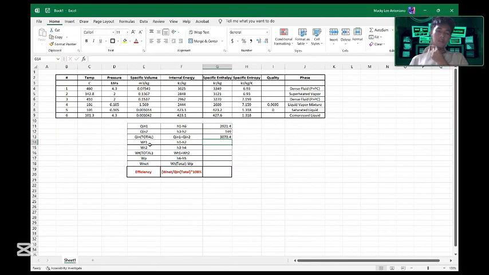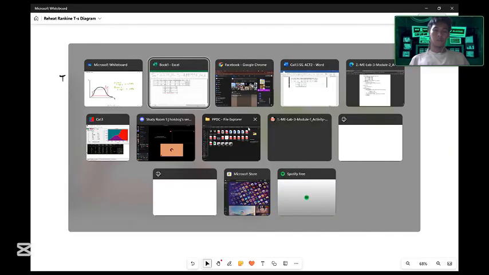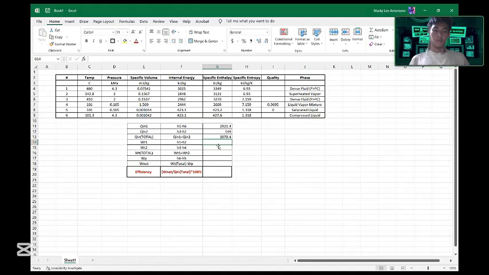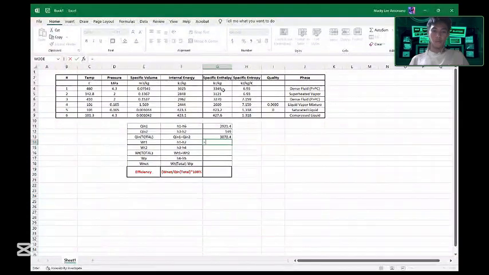Then next, since we are in a reheat Rankine cycle, we have 2 turbines. So this is the high pressure turbine, and then this is the low pressure turbine. So getting the values of work turbine high pressure or work turbine 1, the formula is H1 minus H2.